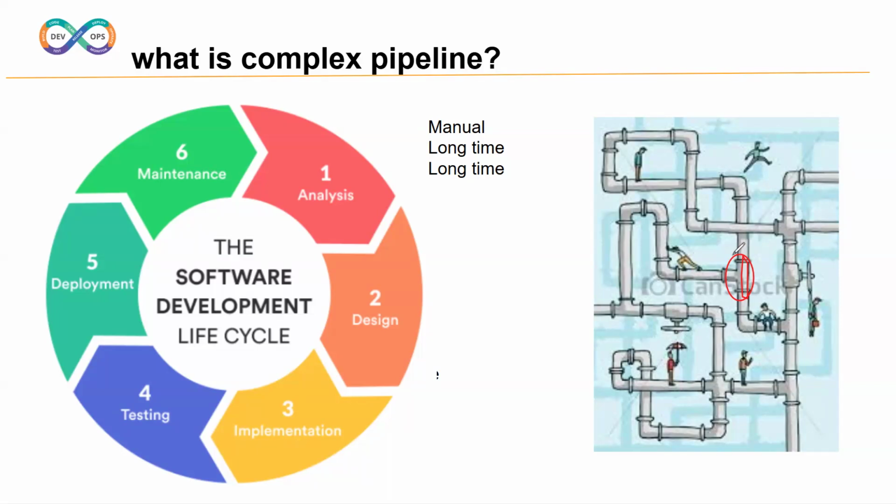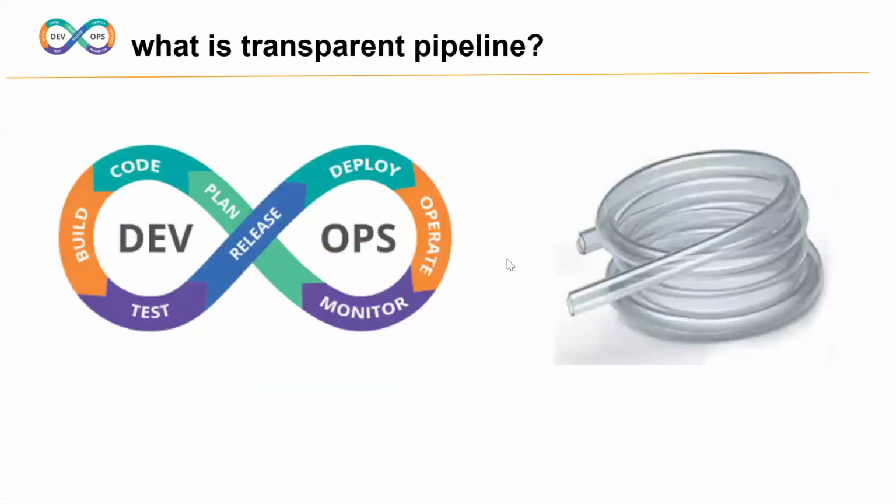In the same way, in our SDLC process, if you get any issue or problem, identification will take a long time and resolving issues will take a long time. In the meantime, our customer is not satisfied. So to overcome this problem, we are replacing it with our DevOps transparent pipeline.